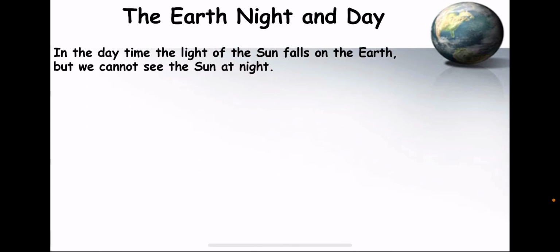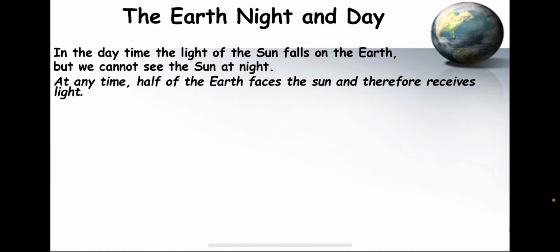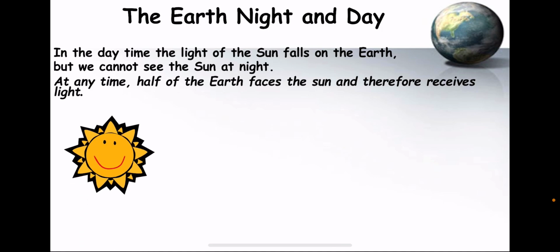In the daytime, the light of the sun falls on the earth, but we cannot see the sun at night. Why can't we see the sun at night? Because at any time, half of the earth faces the sun and therefore receives light.